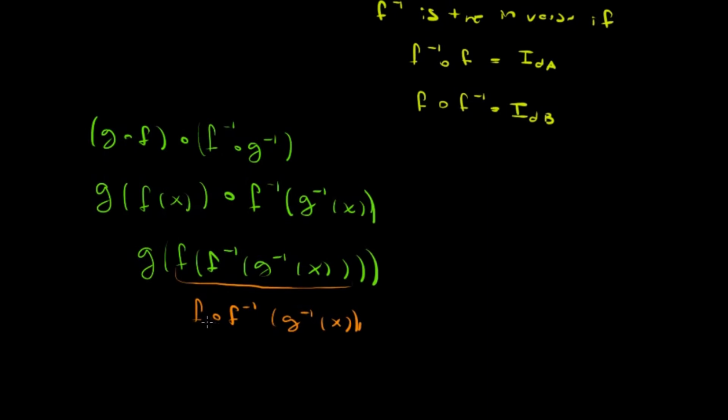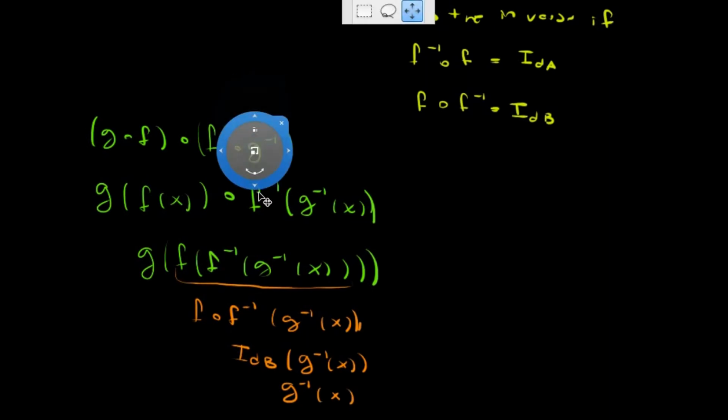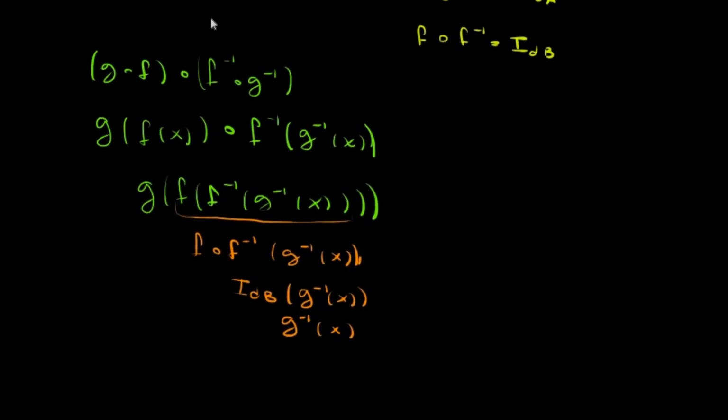So F composed with its inverse gave me the identity in B. So this would be the identity in B of G inverse of X. And this is just G inverse in X. So what I have is G composed with G inverse in X.